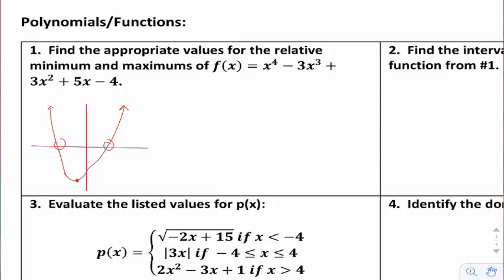So that's all we're really doing. We're going to go second calculate, and find that minimum. You're going to go second calculate, hit minimum, and then remember it's going to ask you for a left bound and a right bound, and then you just need to guess.